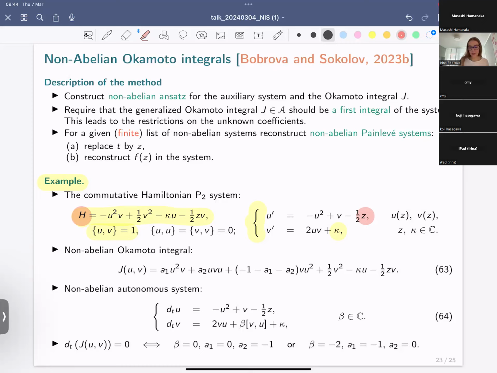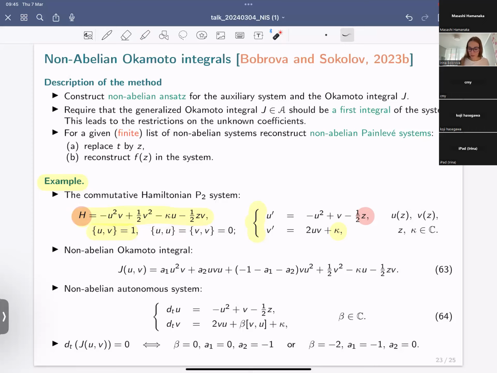Now let us construct a non-abelian analog for this autonomous system of the Painlevé-2 type, and for this Hamiltonian H, that in the autonomous case we will call the Okamoto integral.